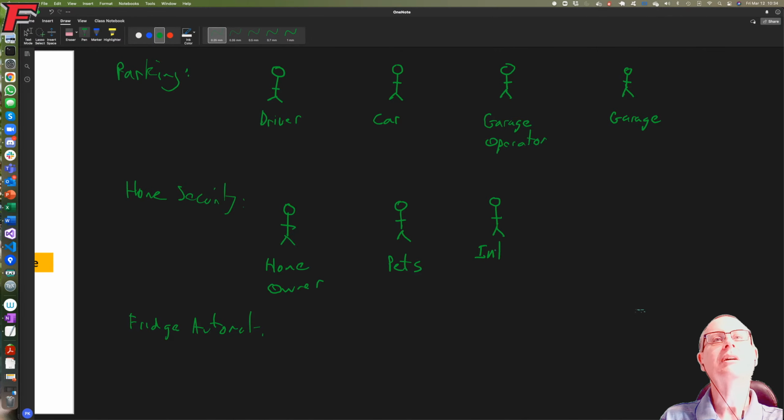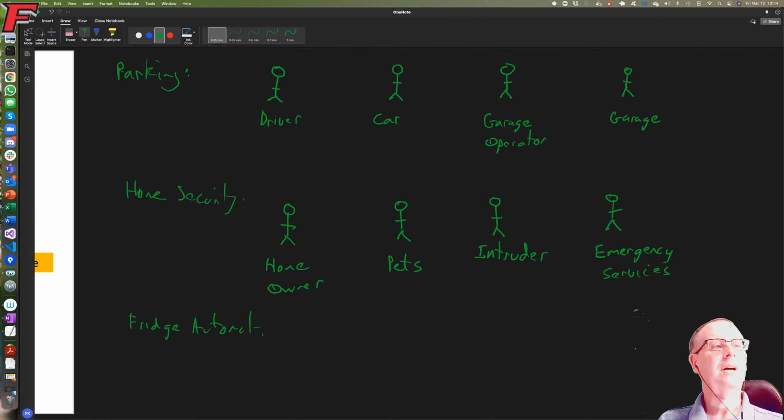There's an intruder, the person you want to detect. And then I don't know whether this is part of what you're thinking, but maybe you need to have contact with the emergency services: fire, ambulance, or police, potentially.